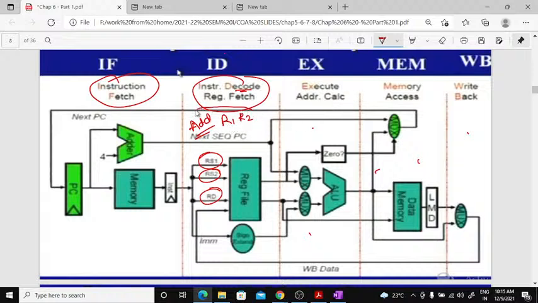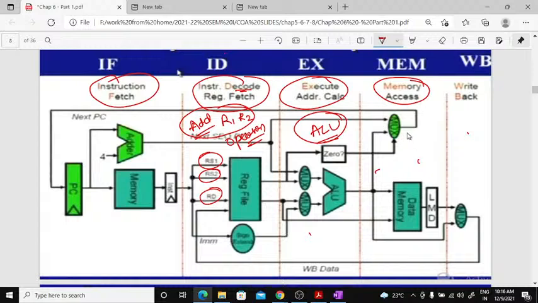But here it won't perform any operation, it just decodes. The operation, such as arithmetic addition or subtraction in the ALU, happens in the execution stage. Here it only decodes, meaning it only decides what operation we need to perform. Then in the memory access stage, you can see the direction here.